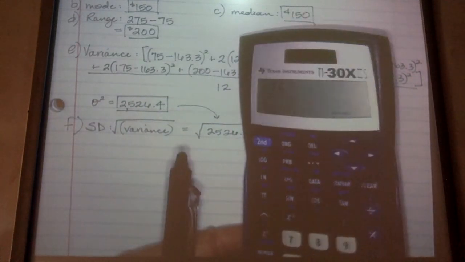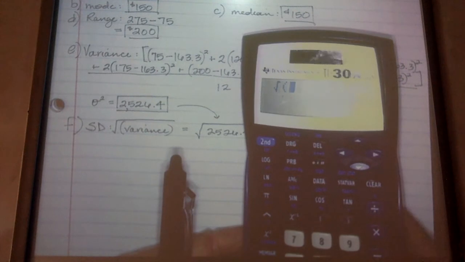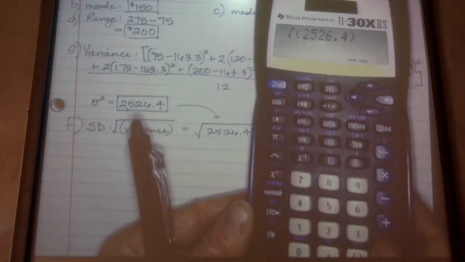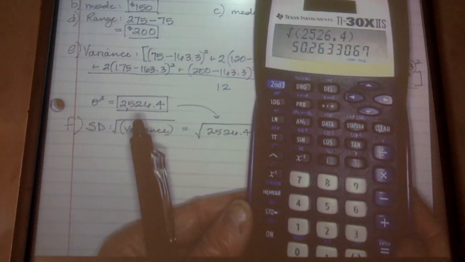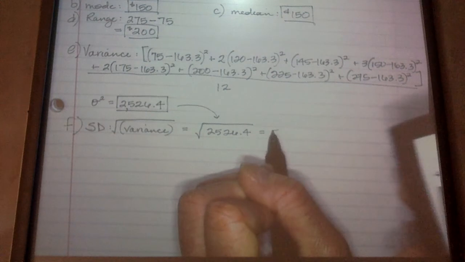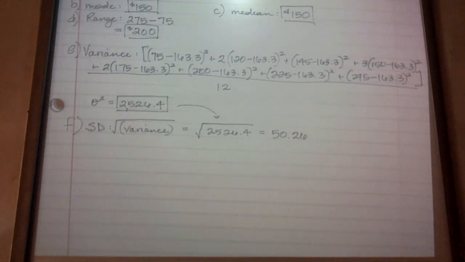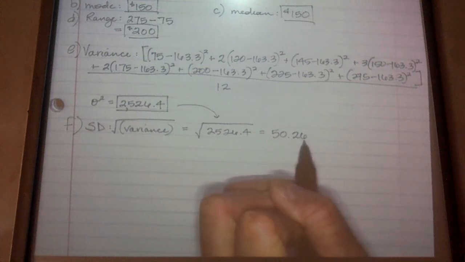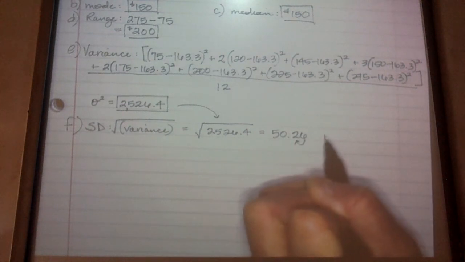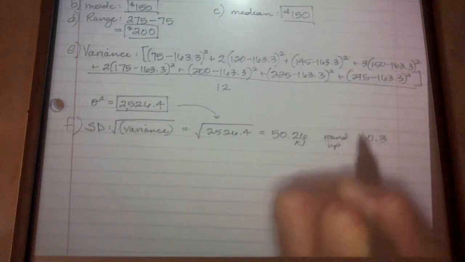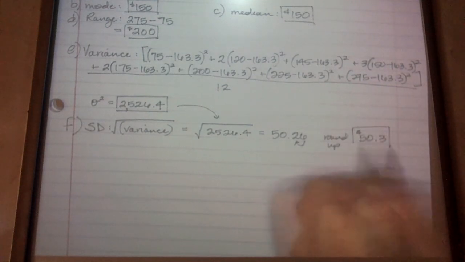You got to learn your calculator. The square root of 2,526.4, and I end up with 50.26. But since I'm rounding it to the nearest tenth, I look at this number here, and I'm going to round up, so I get 50.3. So there is my standard deviation.